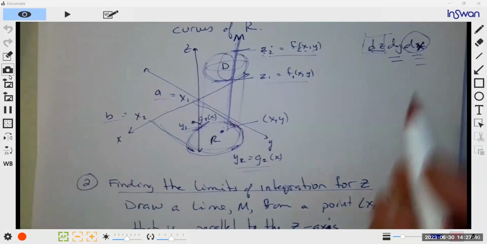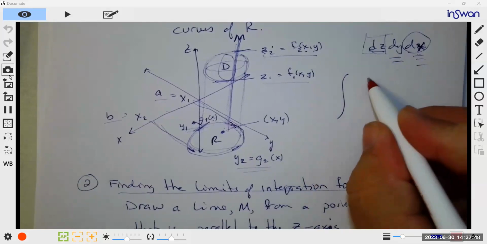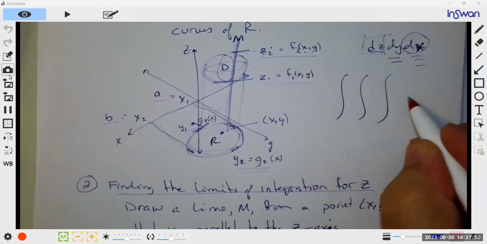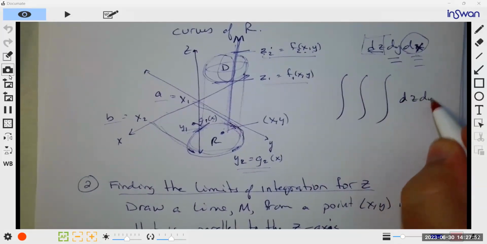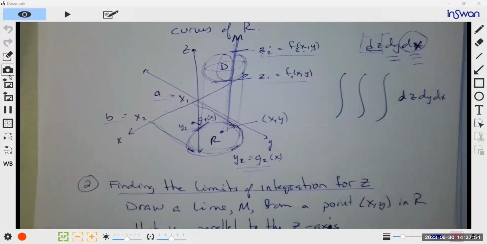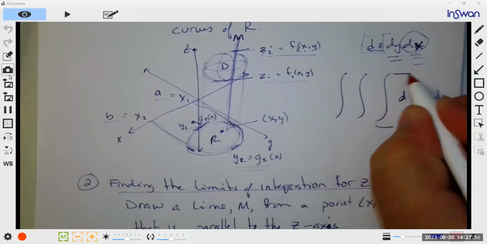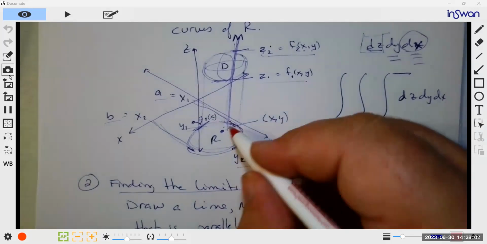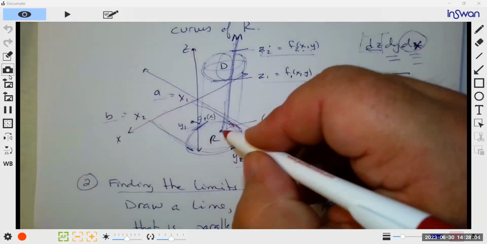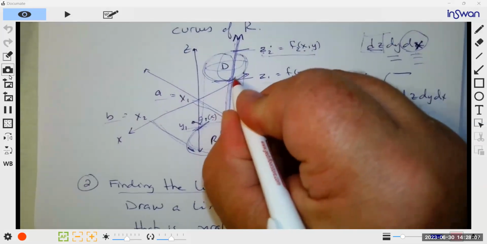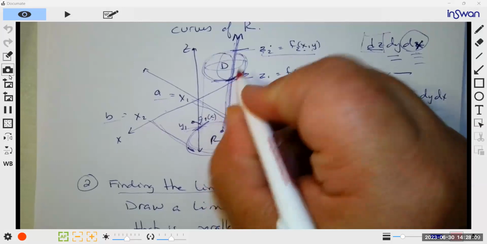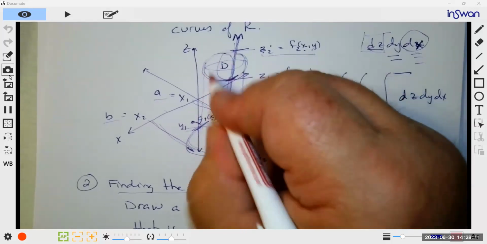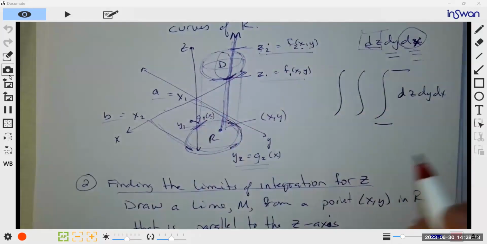All right. Now, we're now defining these. The lower bound is this vertical line we have here. Where it first touches the graph, the D, the object we're looking at, that's our lower bound.